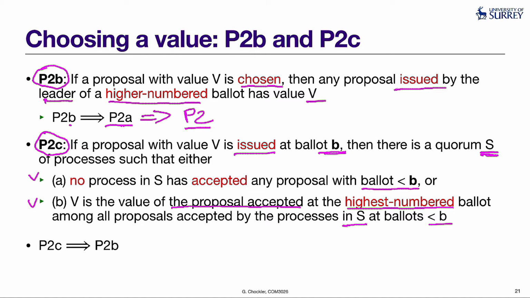But now let's just notice that P2C actually can be shown to imply P2B. And we will see immediately why this is indeed the case.